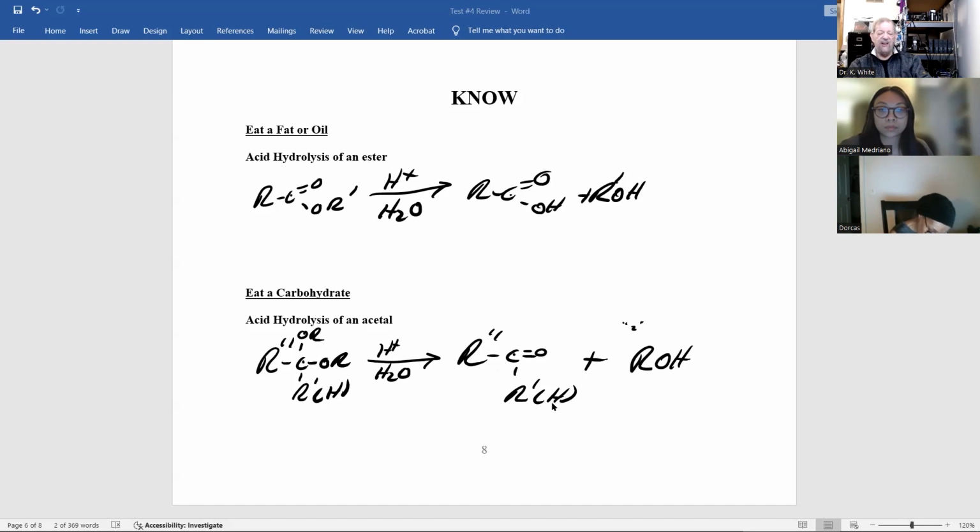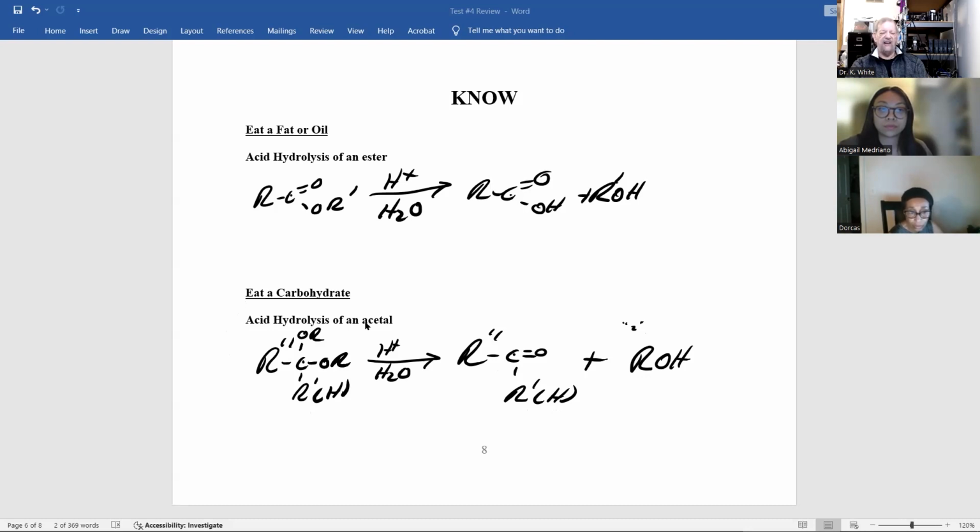You get back an aldehyde or ketone plus the alcohol, and you don't have to put 2 there because you don't have to balance things. And the alcohol you would have used to make that acetal or ketal. Again, you should know how to describe with words and a general reaction what happens when you eat a carbohydrate.